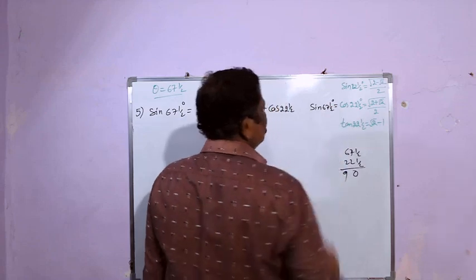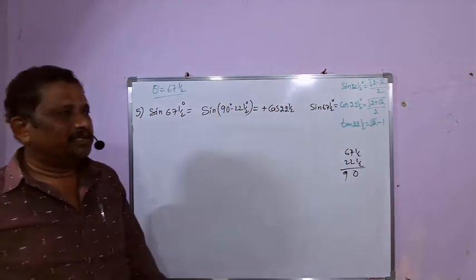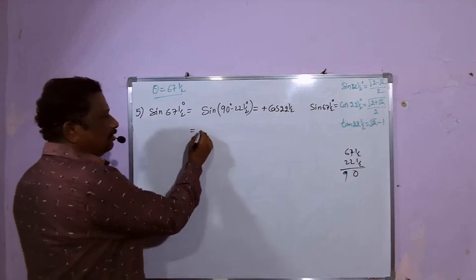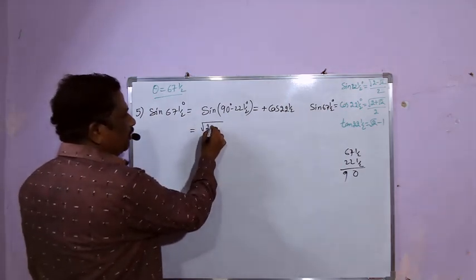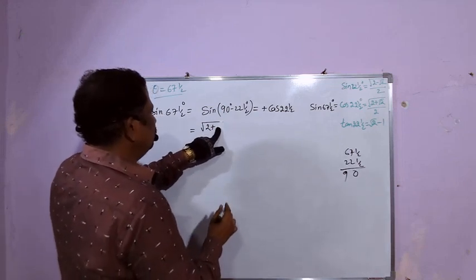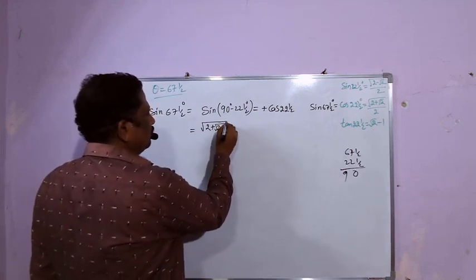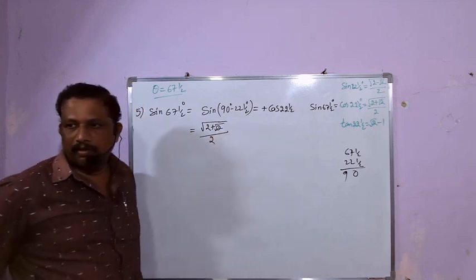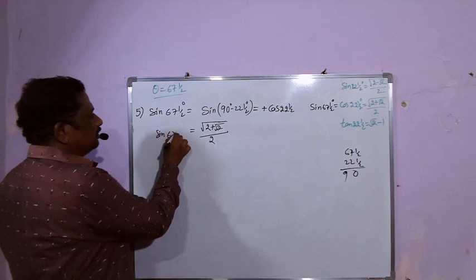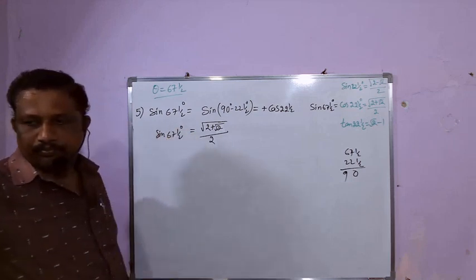We already know sine theta is equal to cos of 90 minus theta. So this value you can write here as under root 2 plus root 2, divided by 2. This is the sine 67.5 degrees. Okay.